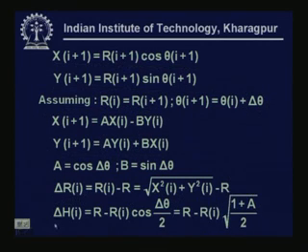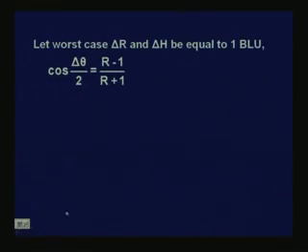Now suppose we want to restrict this delta r and delta h to one basic length unit. Obviously, if you make delta theta smaller and smaller, then this linear approximation will approach the circle.